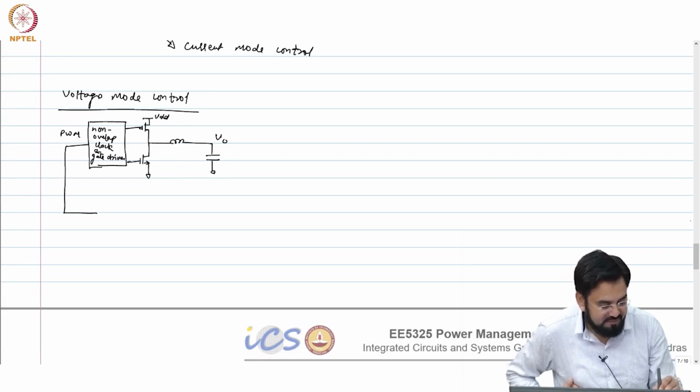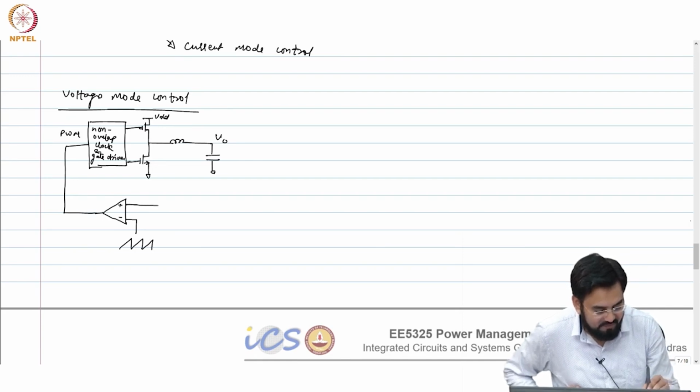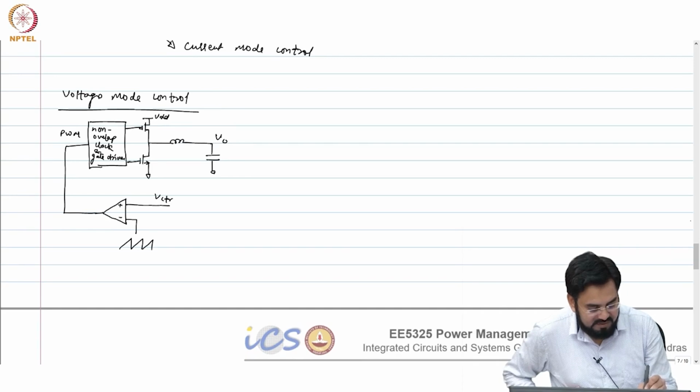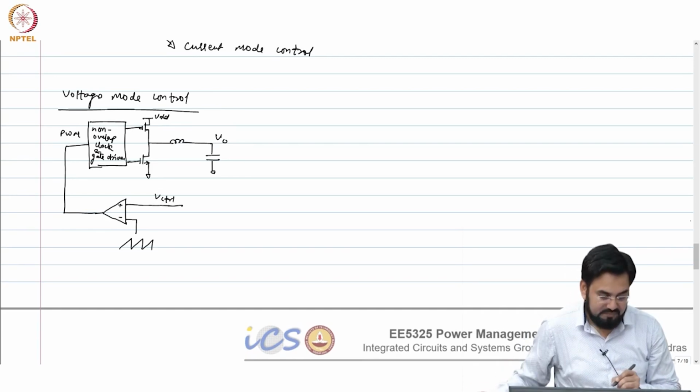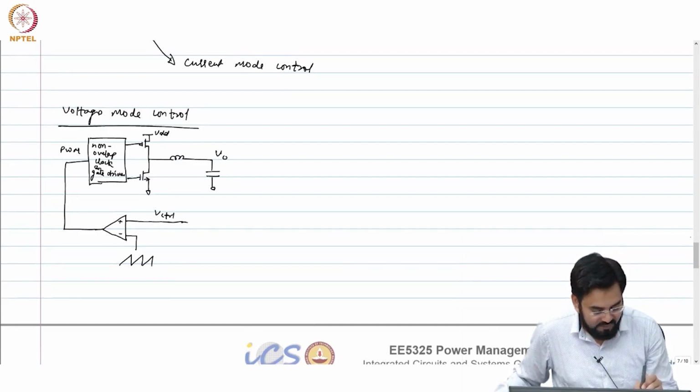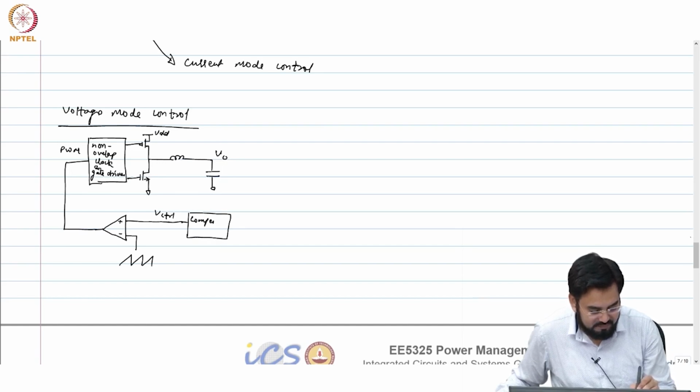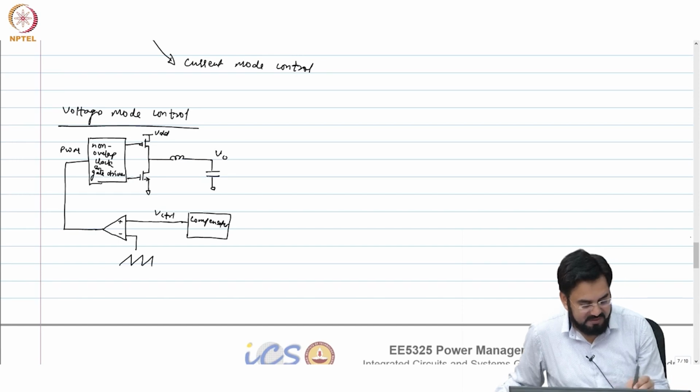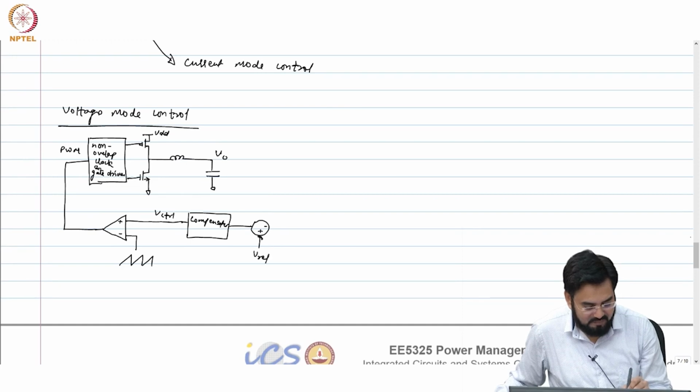And this comes from the PWM comparator, minus, plus, and this gets a sawtooth waveform and some control voltage, from the compensator with Vref.